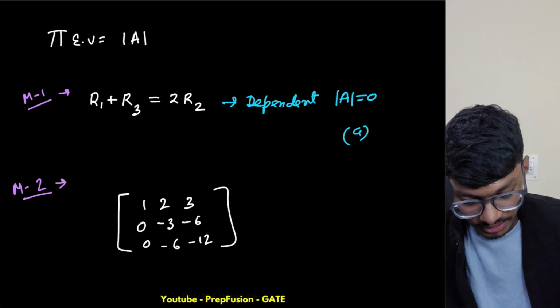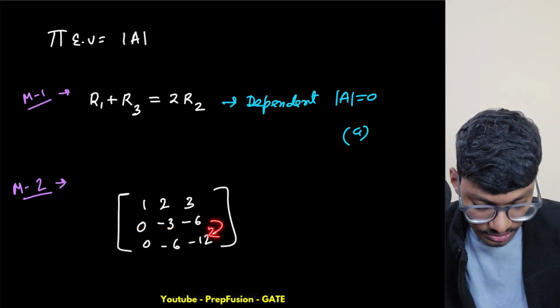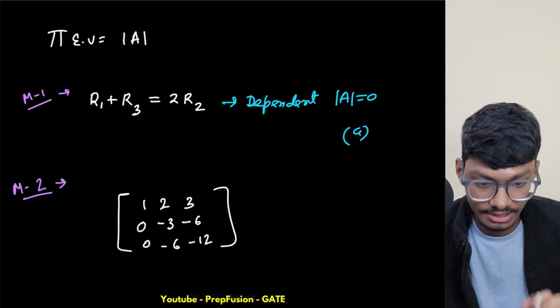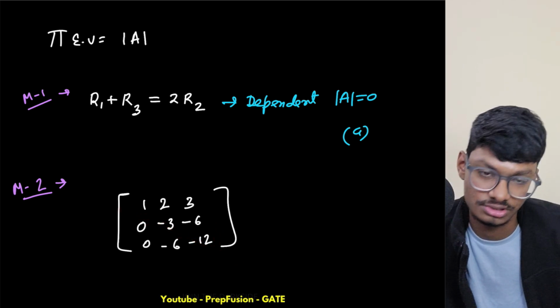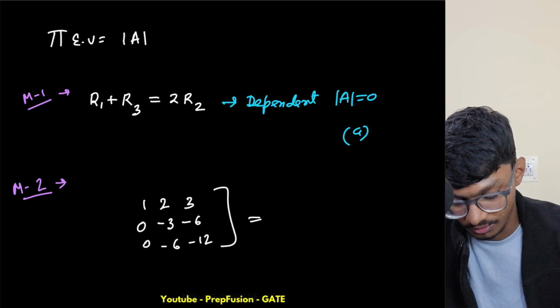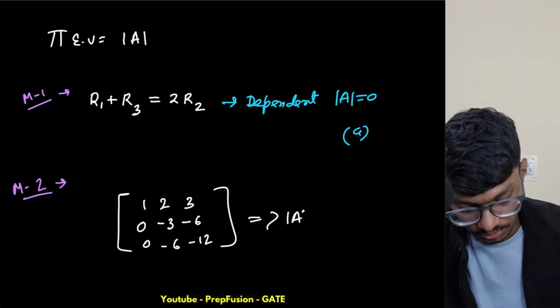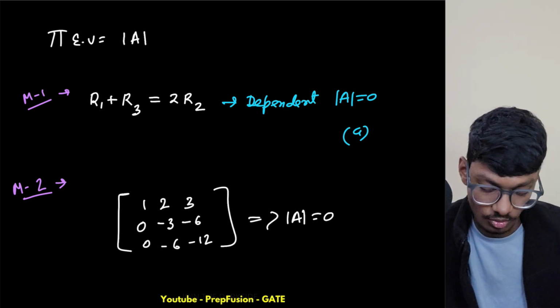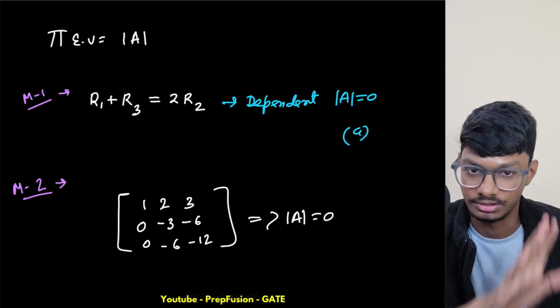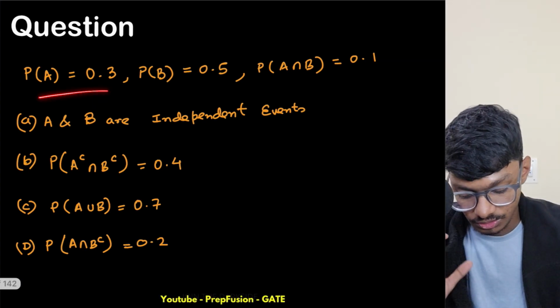Now this is so obvious, you can simply see that this is twice of this. Directly you can see that the determinant will be 0, or else you just compute the determinant. So the determinant of A will be 0. Or simply, method 3 is to directly calculate the determinant. I won't solve that.